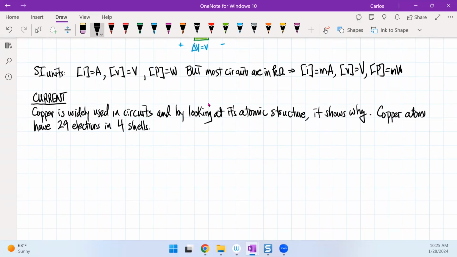If I take the semi-classical model of Bohr, we're going to have 1, 2, 3, 4 shells, and then down here, I have a nucleus. Because it has 29 electrons, it has to have 29 protons in the nucleus.